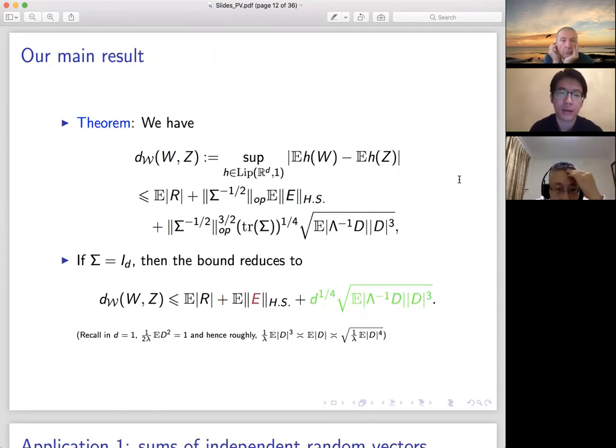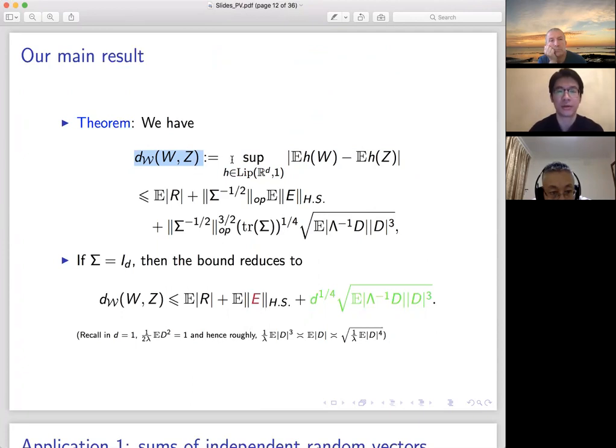We again have an upper bound for the Wasserstein distance, now between two d-dimensional vectors, W and Z. It's defined similarly, so it's a sup of E of H(W) minus E of H(Z), where now H is a Lipschitz function defined on R^d, with Lipschitz constant 1 with respect to the Euclidean norm. So this is again the minimum L1 distance between these two vectors.